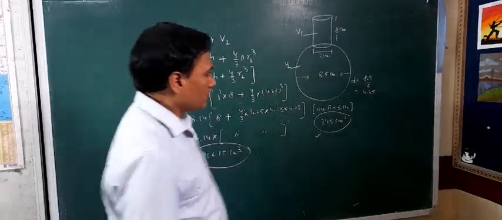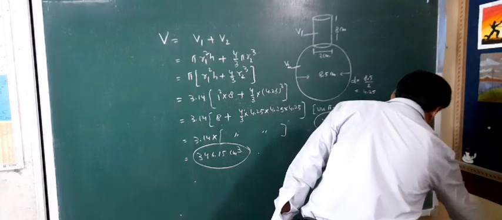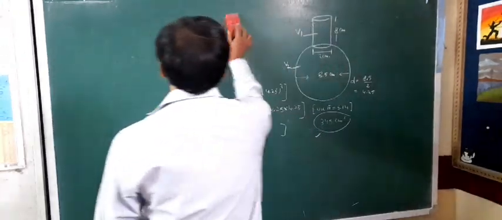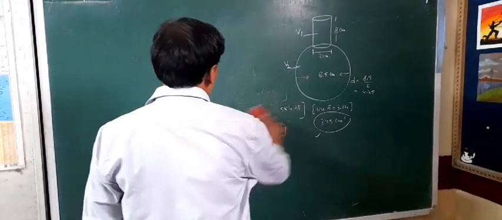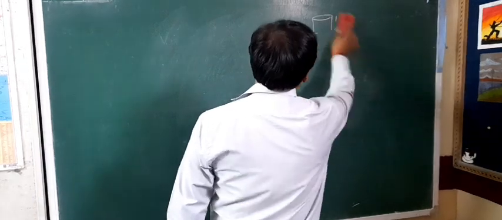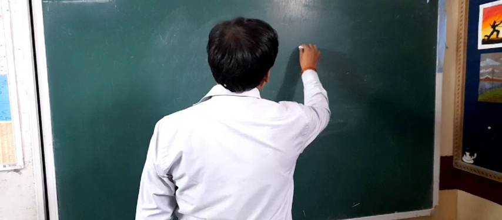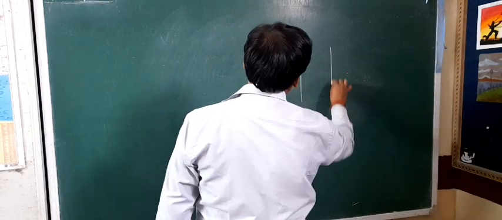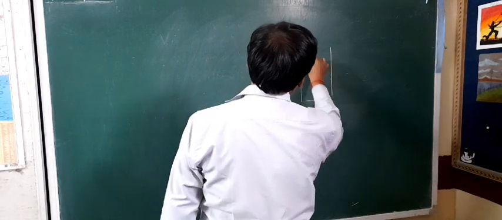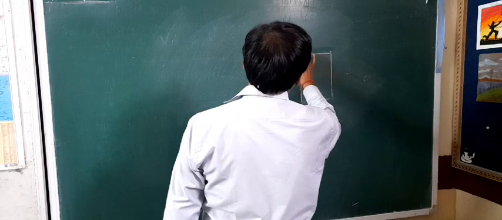Now see another question. There is an iron pole, and the iron pole is a combination of two distinct iron poles.